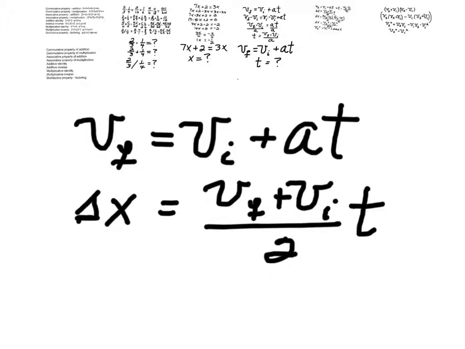Okay, so we want an equation of motion, a so-called kinematics equation, that doesn't have time in it. So we have two equations, and we're going to eliminate the time. This is a situation of two equations, and we eliminate one of the variables. So you do that by substitution. So see how good your algebra is. See if you can take these two equations and come up with a third equation that doesn't have time in it.